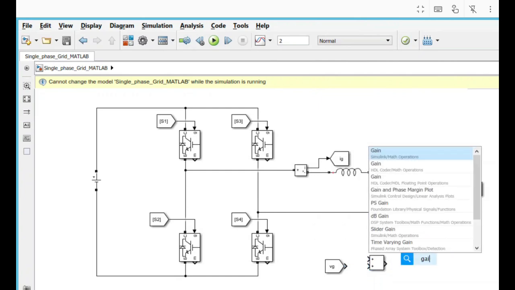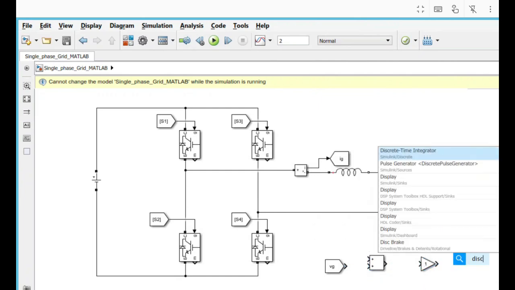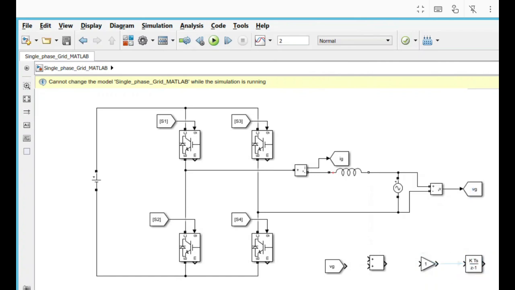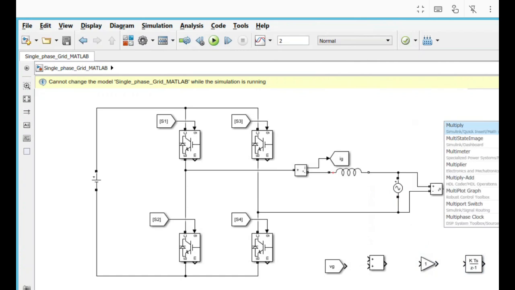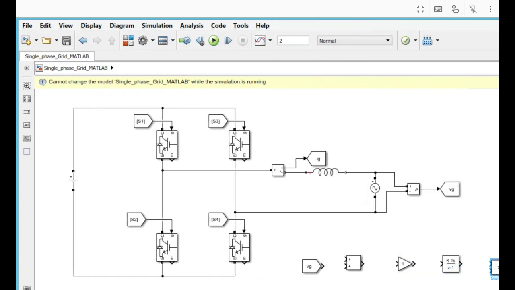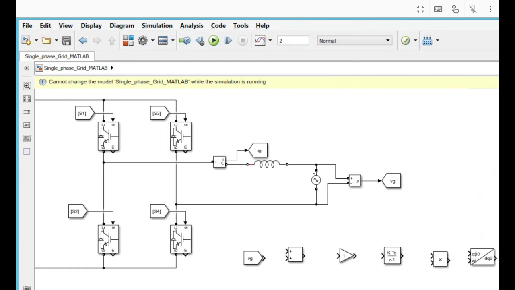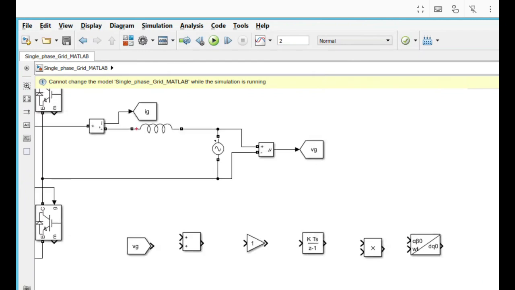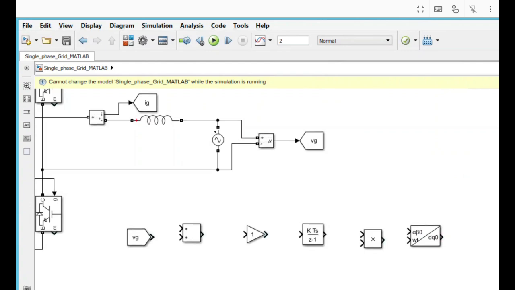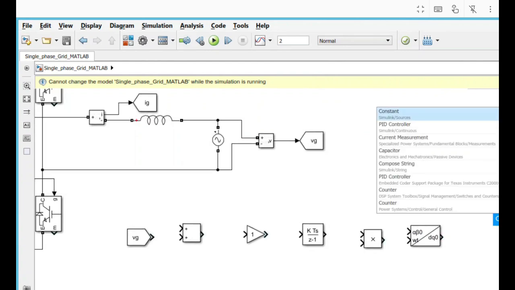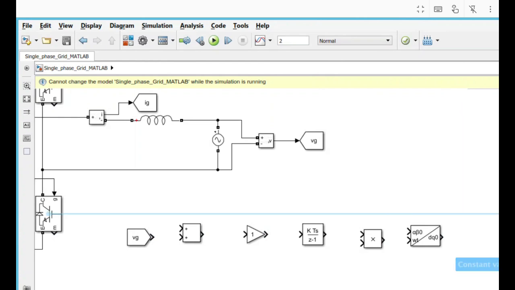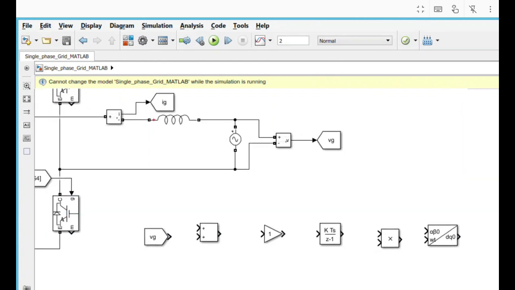We are using the gain block, discrete time integrator, multiply, then alpha beta to dq0, max, constant blocks. So these are the things we need for the PLL.